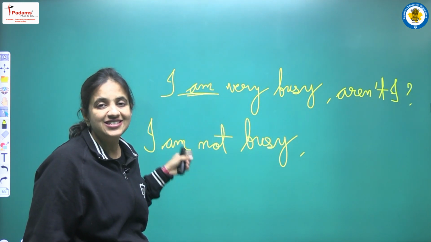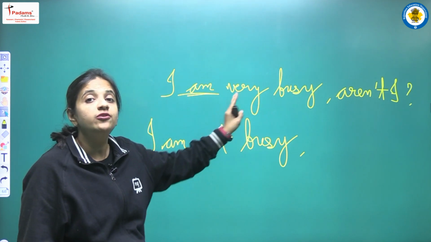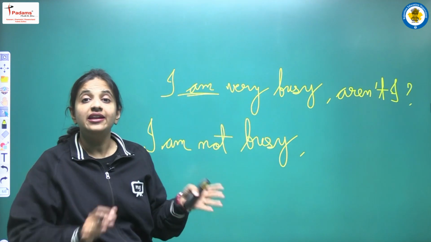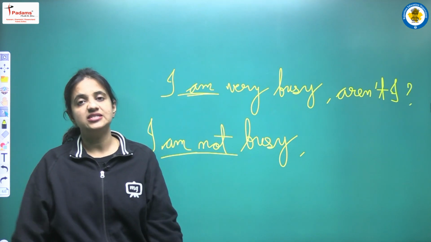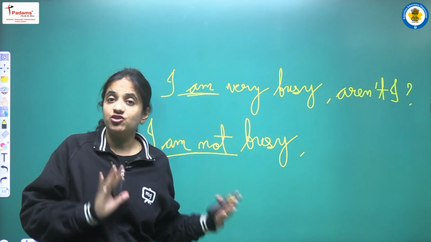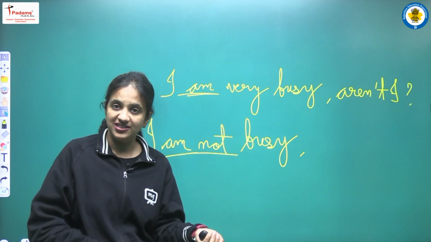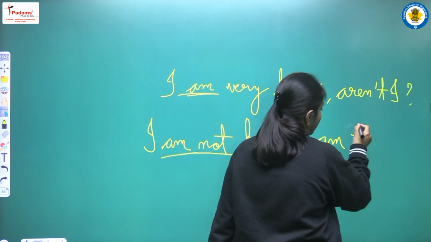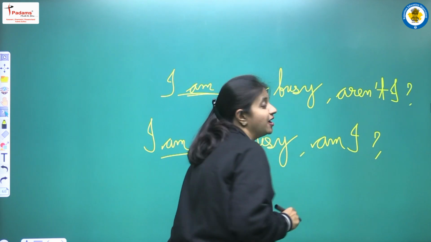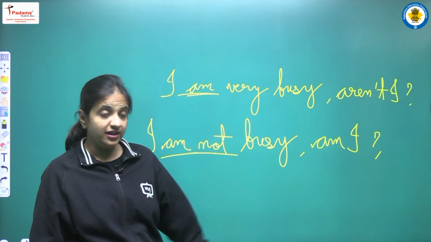Now let's discuss the second sentence: I am not busy. This is a negative sentence. We have am and we have not also. It's a negative sentence, so our question tag will be positive. When we make a positive question tag, we have to use am only. Now we don't need to replace am with are. This is a very important thing, you have to be very careful.